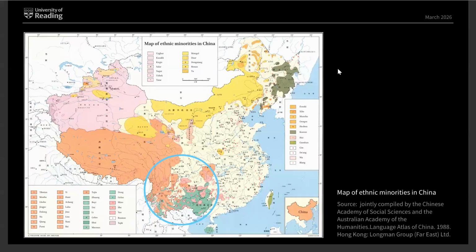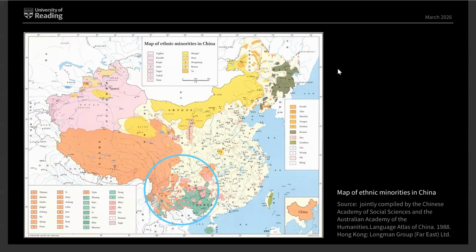To understand this situation, I'd like to begin with the linguistic and geographic background. China has 56 officially recognized ethnic groups, and the Yi are one of them. They are mainly distributed in southwest China, as you can see here in the blue circle.